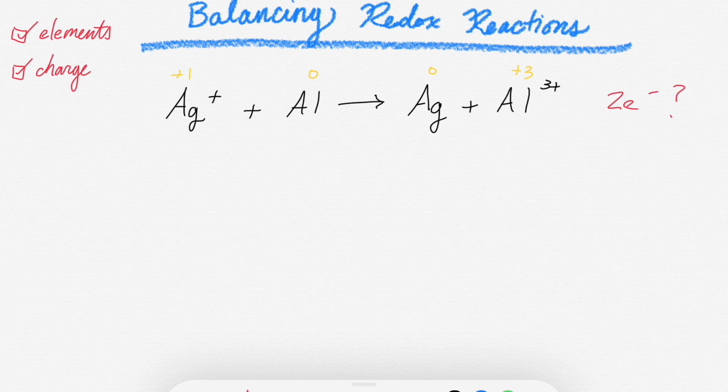So how can we see that a little better? What we're going to do to balance all redox reactions, so here we go, is we're going to start by splitting these into their half reactions. So the oxidation go together and the reductions go together. Another way stated, all I'm going to do is look at this reaction and I'm going to put together who go together. So I know that the silver go together.